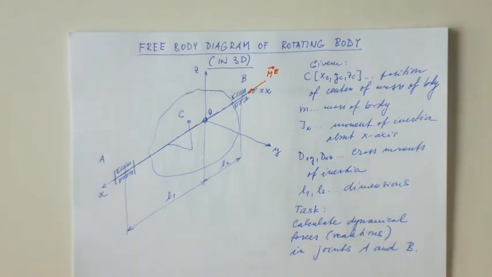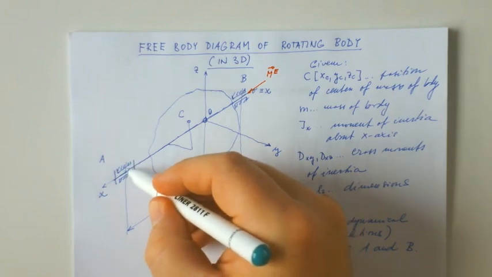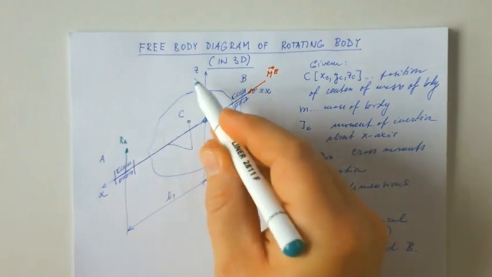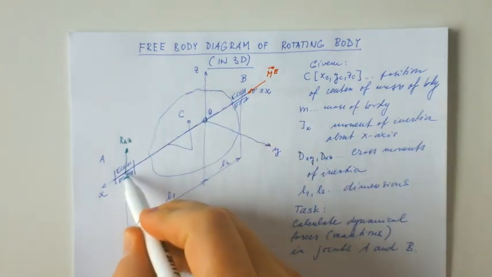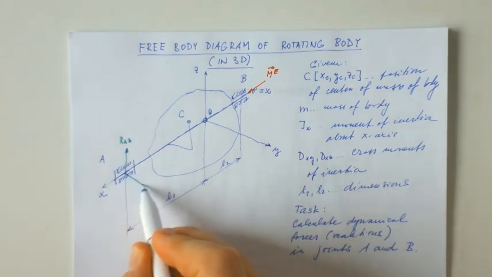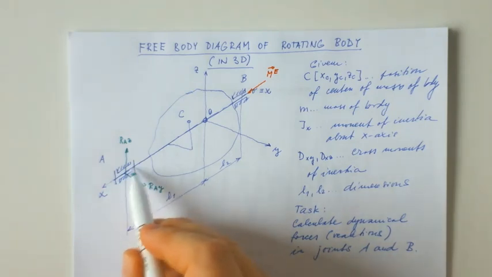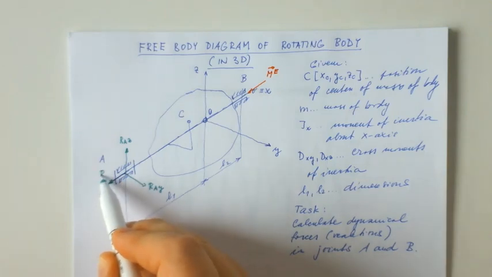So the reactions in these joints: there will be a component of reaction RAZ in the Z direction, and also a Y component RAY, and because there is also a constraint on this motion, I will add RAX.